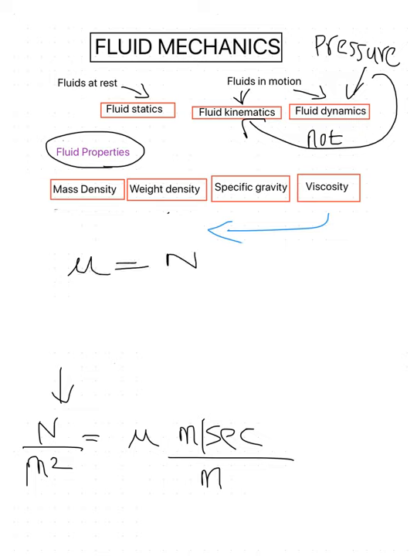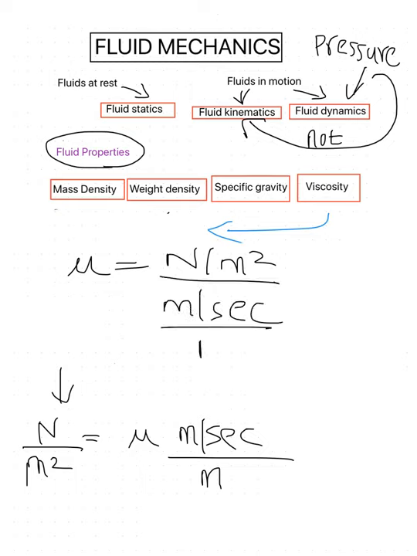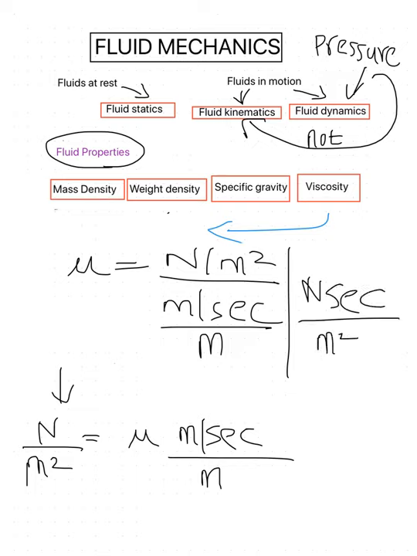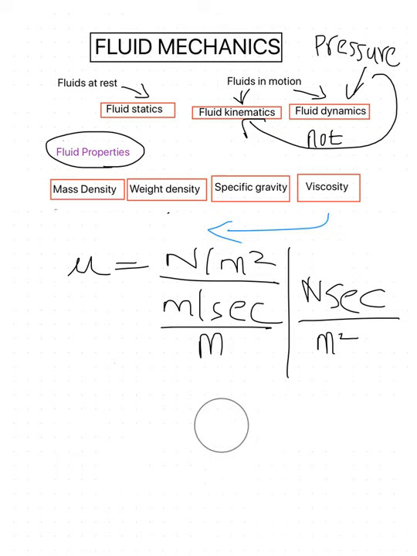The unit of mu will be Newton per meter square, force per area, which is stress, divided by meter per second per meter. Solving all this, you get the unit as Newton second per meter square. This is the final unit you get for mu.